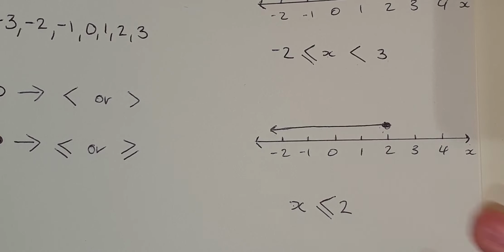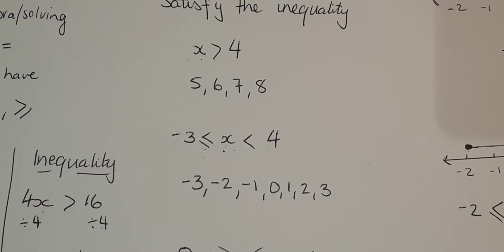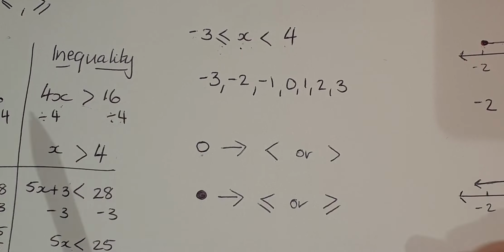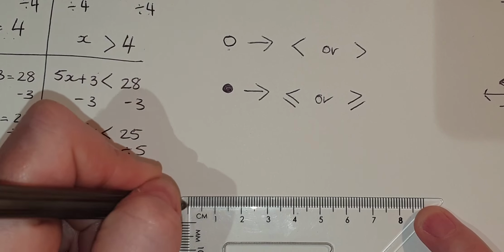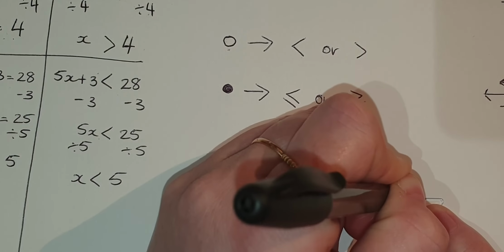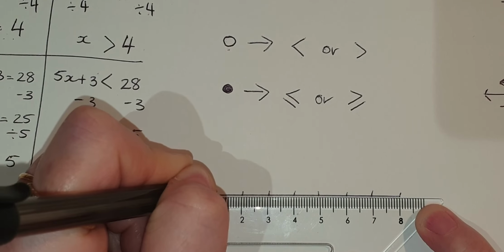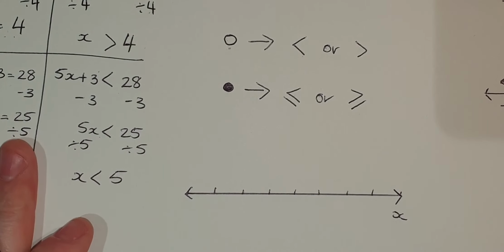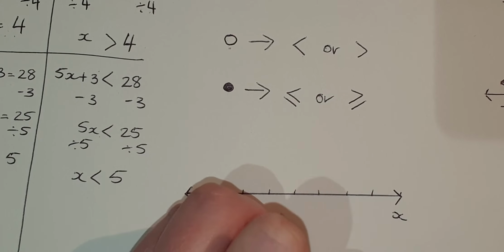If we were to write one of the inequalities from over here, so let's do x is greater than 4, you would be given a blank number line. I'm going to draw mine because I don't have a number line handy. Okay, I have my x.